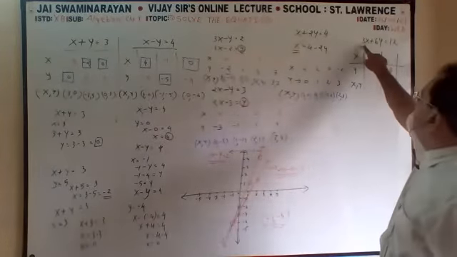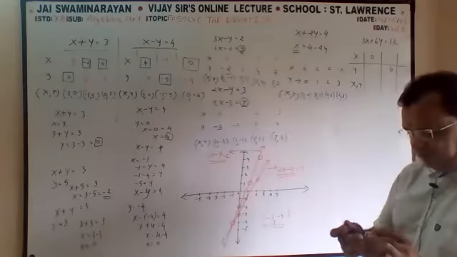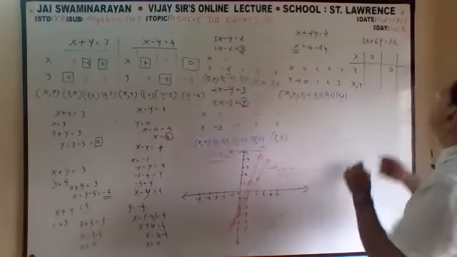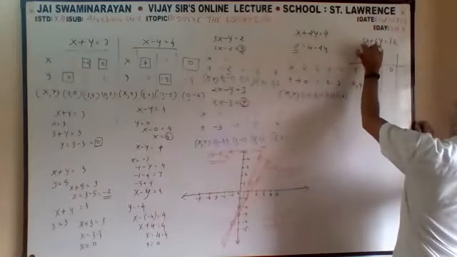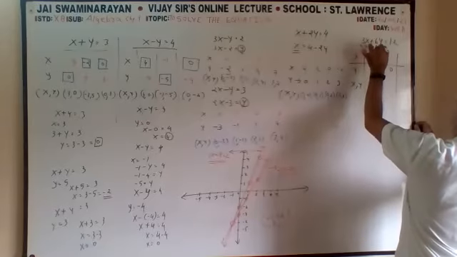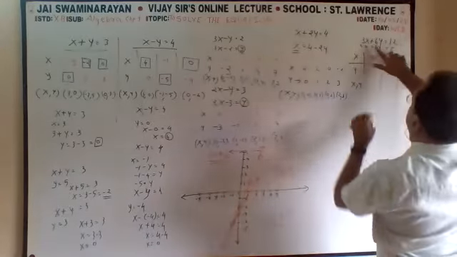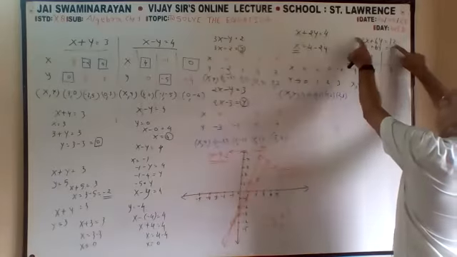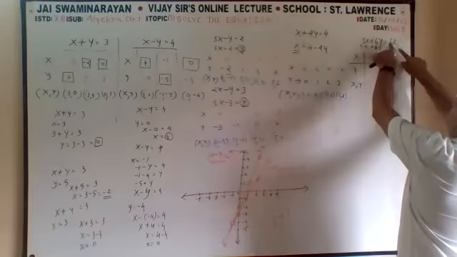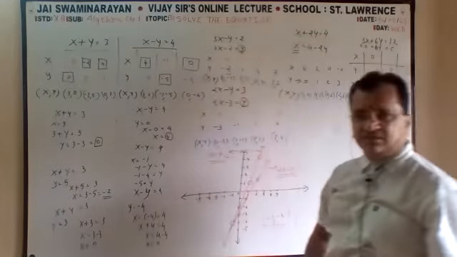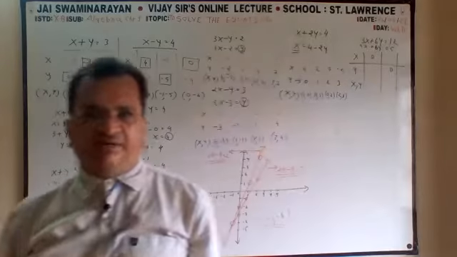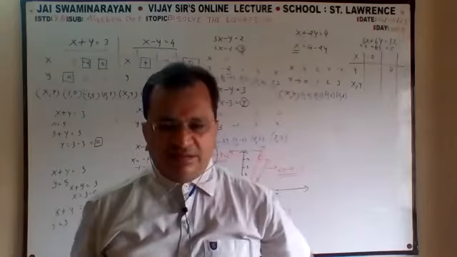Now this is a very different type of equation. This is ax plus by equals c. When c is divisible by a, 12 is divisible by 3, and when c is divisible by b, 12 is divisible by 6, that is, a and b can divide c.